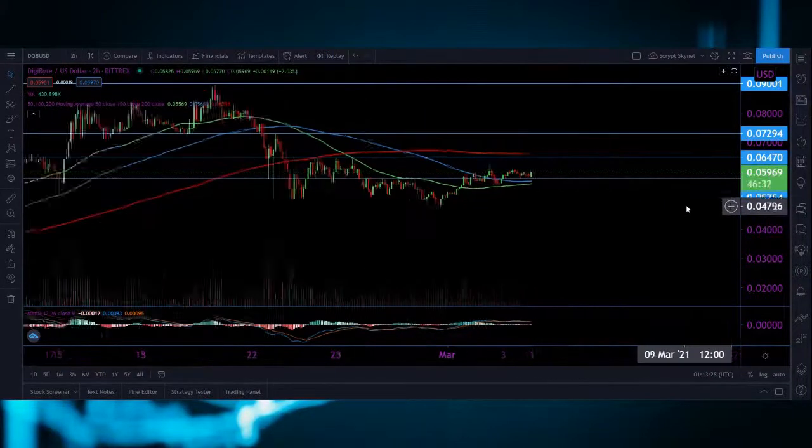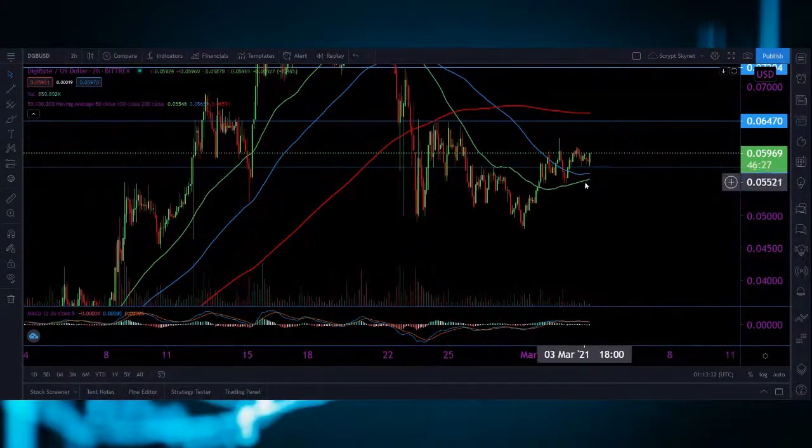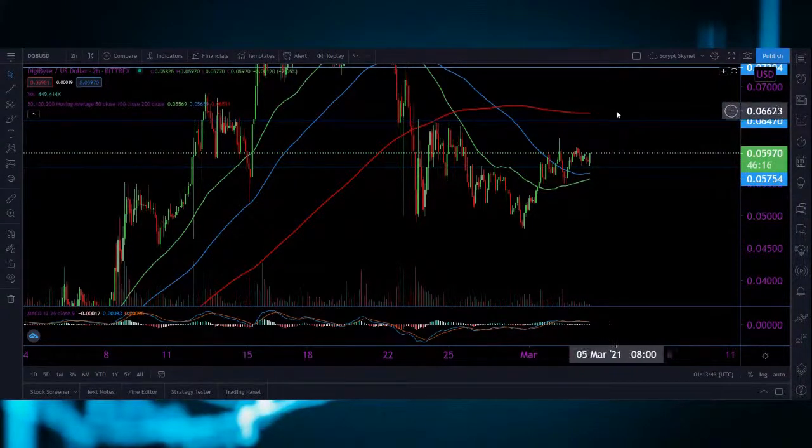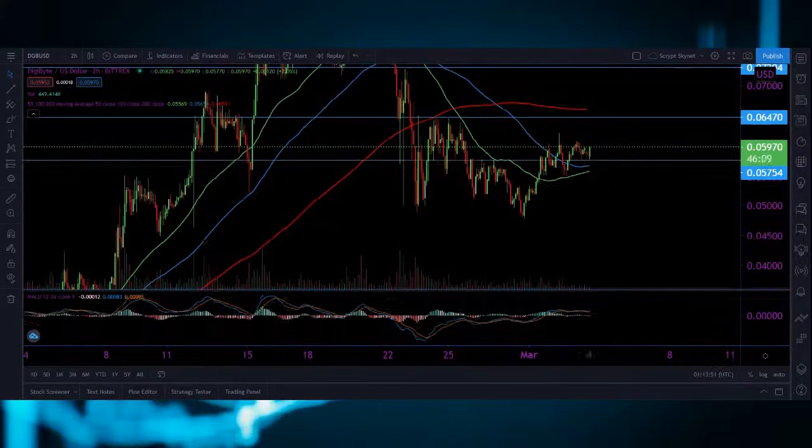Now we're above the 100 and the 50 is moving up. So once we cross that, these candles will follow the green 50 line upwards to cross the 200. And when that happens, let's see what the MACD says.